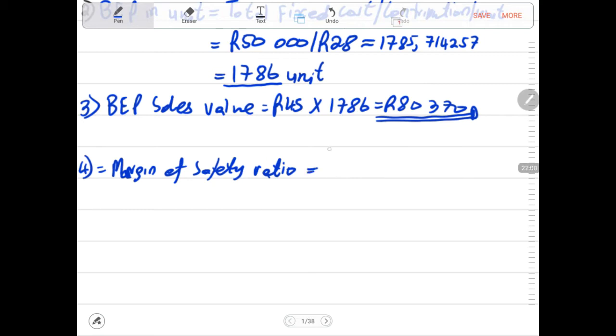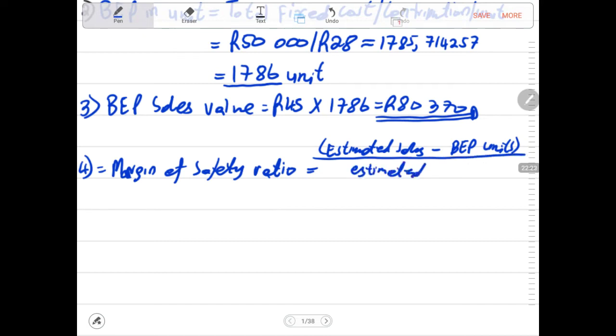As I said to you, it is estimated sales minus break-even point units or sales units, that being in brackets. Also, for accuracy in your calculator, divide by estimated sales.